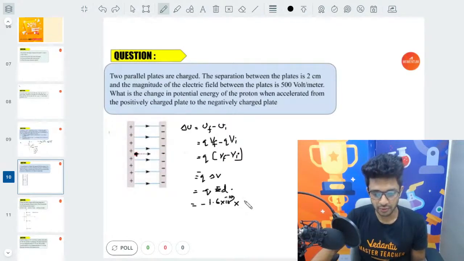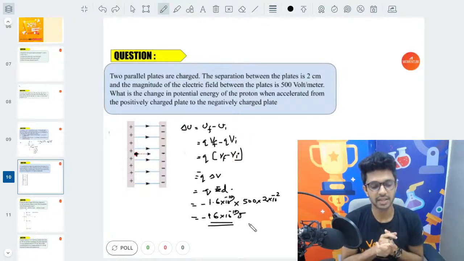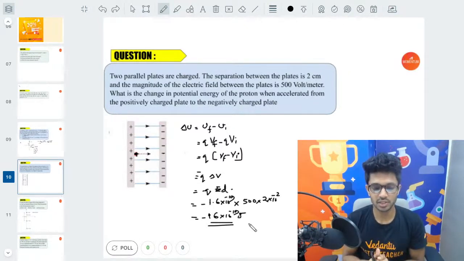What's the value for electric field? It's 500 and the distance is 2 centimeter, so 2 into 10 power minus 2. These two zeros will go off. 5 twos are 10. So this is equal to negative of 1.6 into 10 is 16 into 10 power minus 19 joules. And this is going to be our answer, which is the change in potential energy.